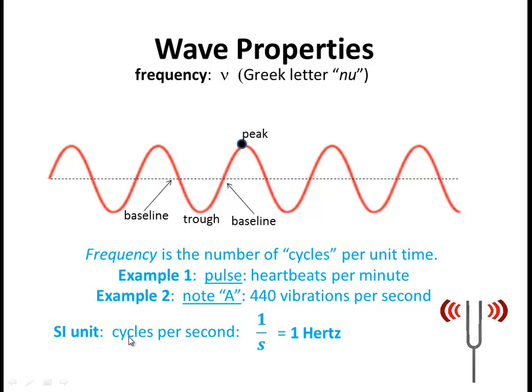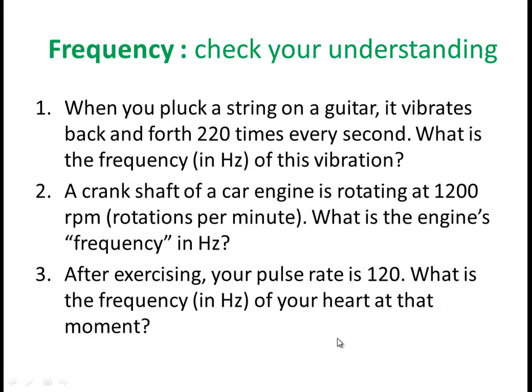So if something goes through a cycle once per second, the frequency is 1 hertz, and hertz can be abbreviated capital H, lowercase z. This is named after an actual scientist back in the old days. I want you to be ready: 1 over s is synonymous with 1 hertz. They mean the same thing, and you need to know that.